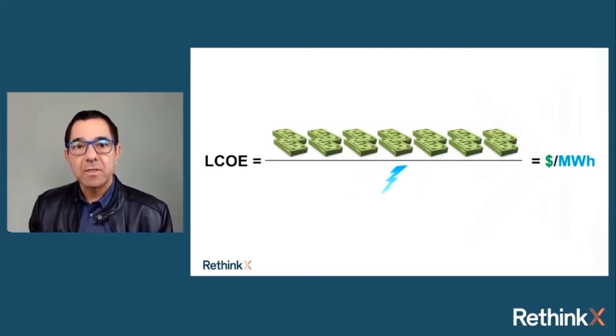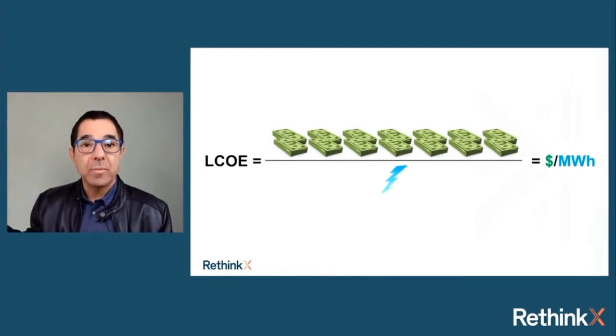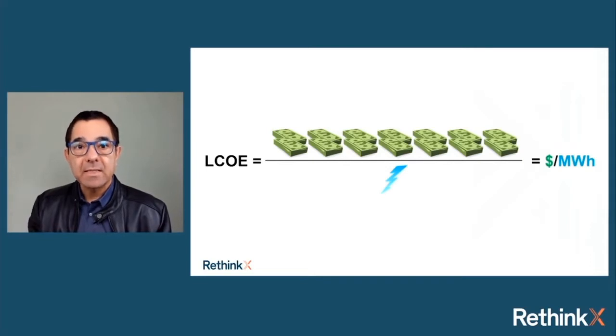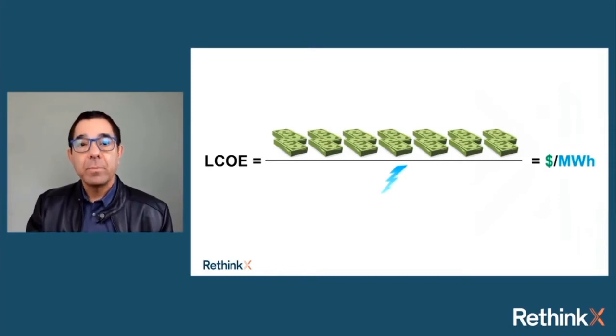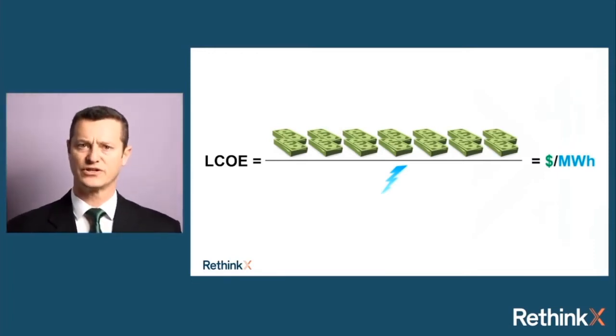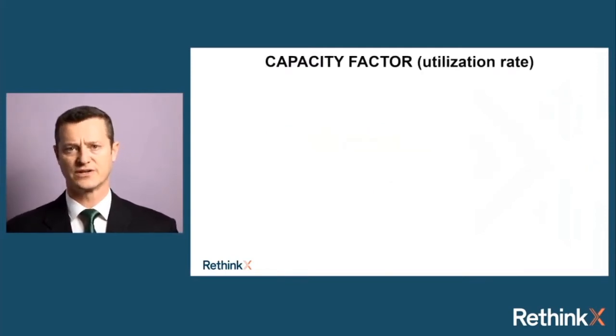If a plant produces and sells less electricity, then the cost per unit of electricity will be higher, especially because a large portion of the plant's costs are fixed, meaning that they stay the same regardless of plant output. No matter how much power plants produce, they have to pay for operating and maintenance costs and repayment of their initial capital investment, their mortgage. In standard LCOE calculations, the total amount of electricity is determined by the power plant's capacity factor, or utilization rate.